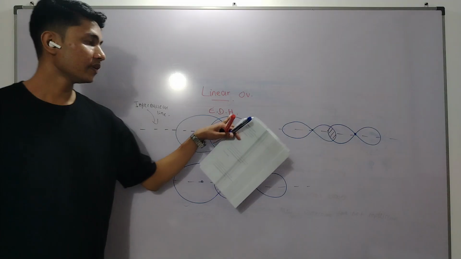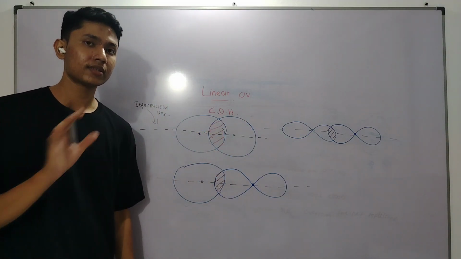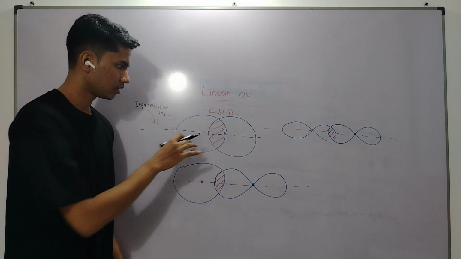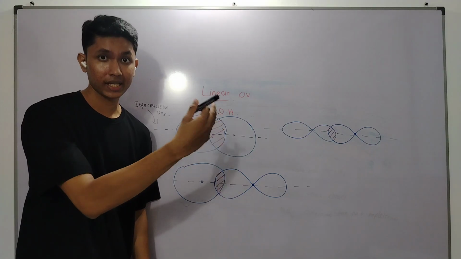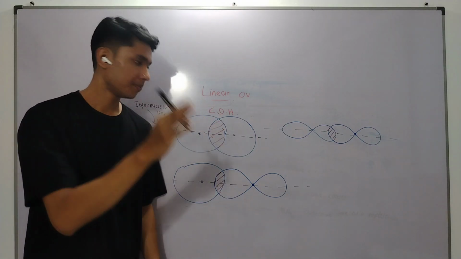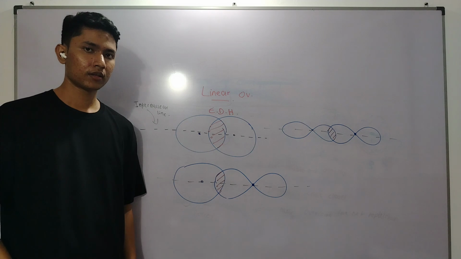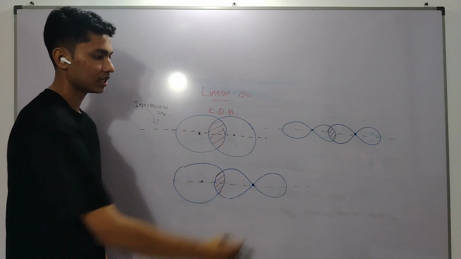So how do we decide this is a linear overlapping? Now this you have to carefully listen. The electron density higher area must lie on the internuclear line.